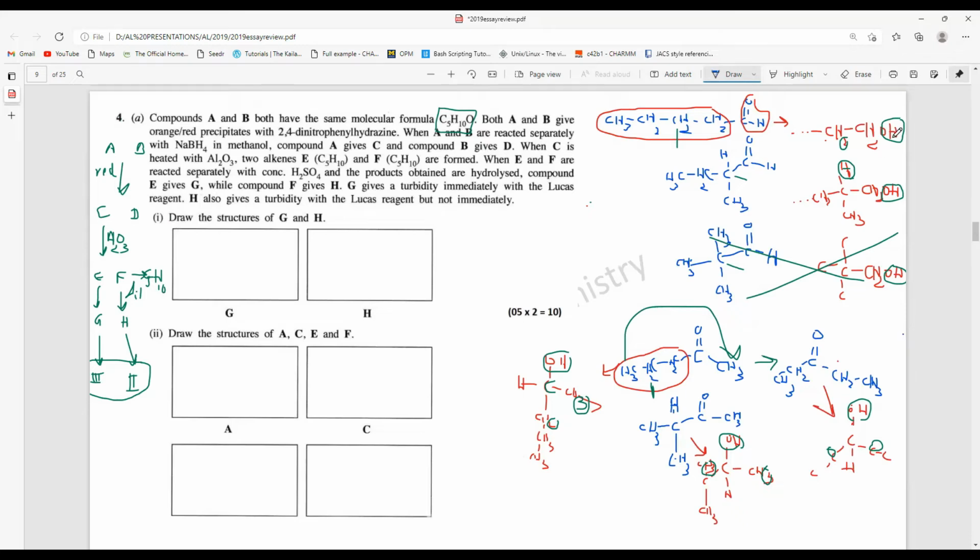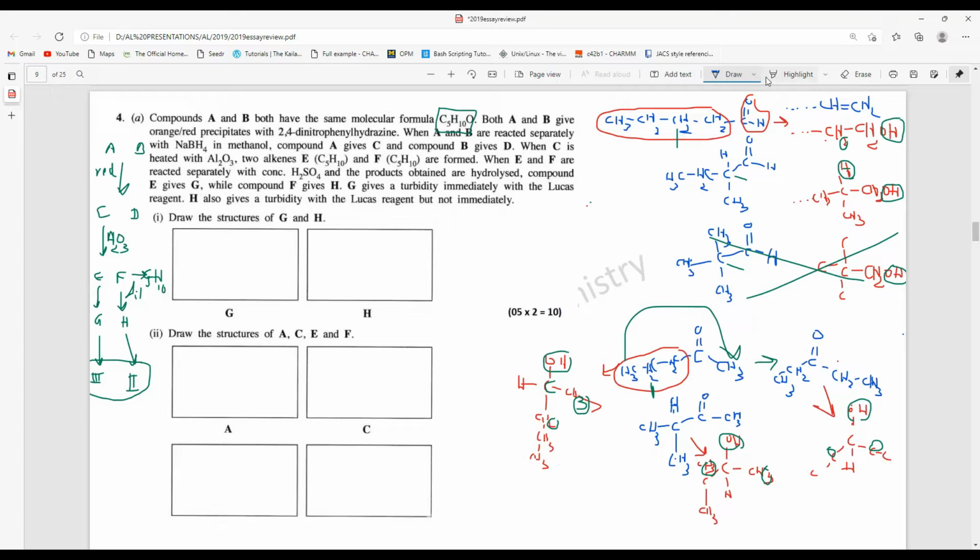So here when you hydrate this one, it should be an alkene with CH double bond CH2, with the linear chain. So when you hydrate this one, it will be CH3 here, the rest of the chain is here, OH is here, and H is here.